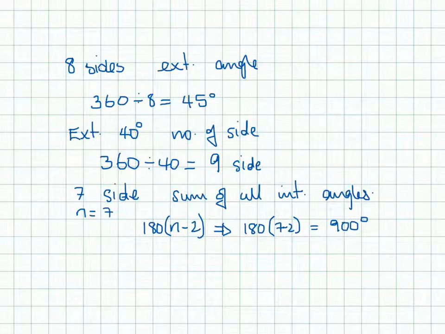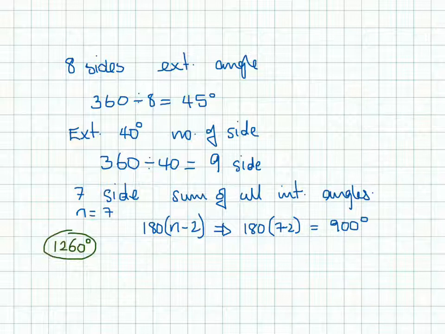All right. The last situation we'll look at today is, let's say we've got a shape where we know that all of the angles inside the shape add up to 1260 degrees, and we're trying to find out how many sides this shape will have.